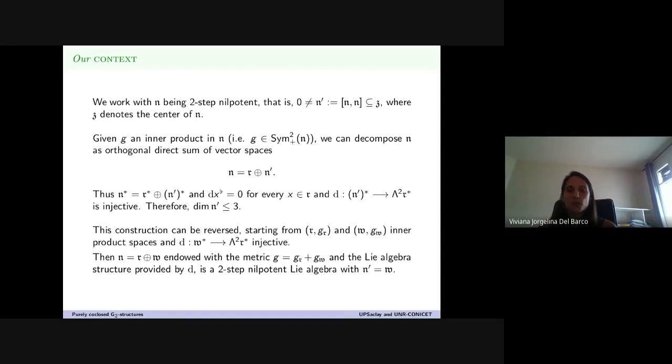I'm not going to use this precisely in the talk, but this backwards construction is useful because I'm going to give conditions for a purely coclosed or a coclosed G2 structure to be closed, sorry, coclosed, depending on the differential here. So if at any time we want to build a G2 structure, the only thing we need to do is to pick a differential D so that the conditions I am giving are satisfied. I'm not going to use it explicitly, but this is useful to build explicit examples.